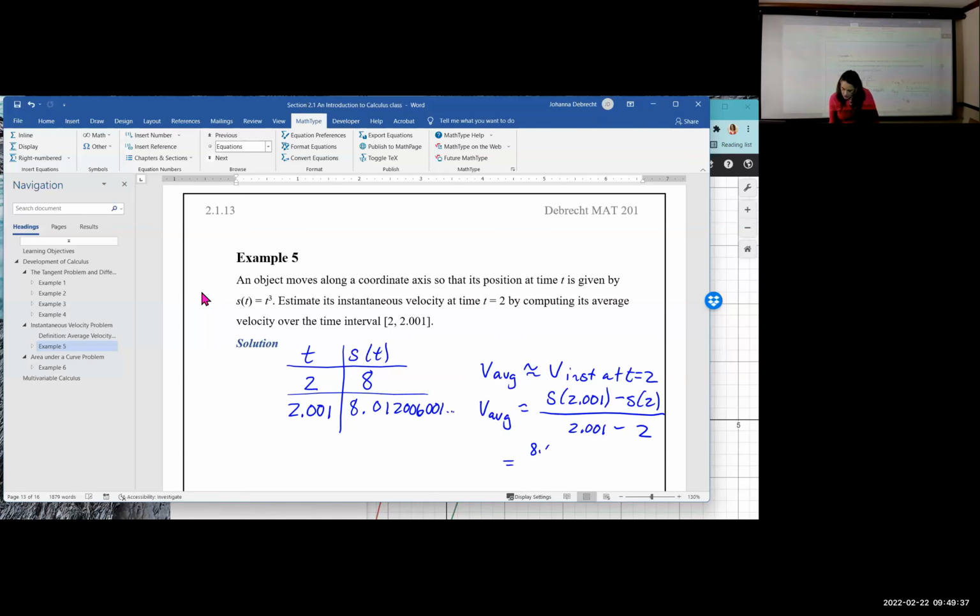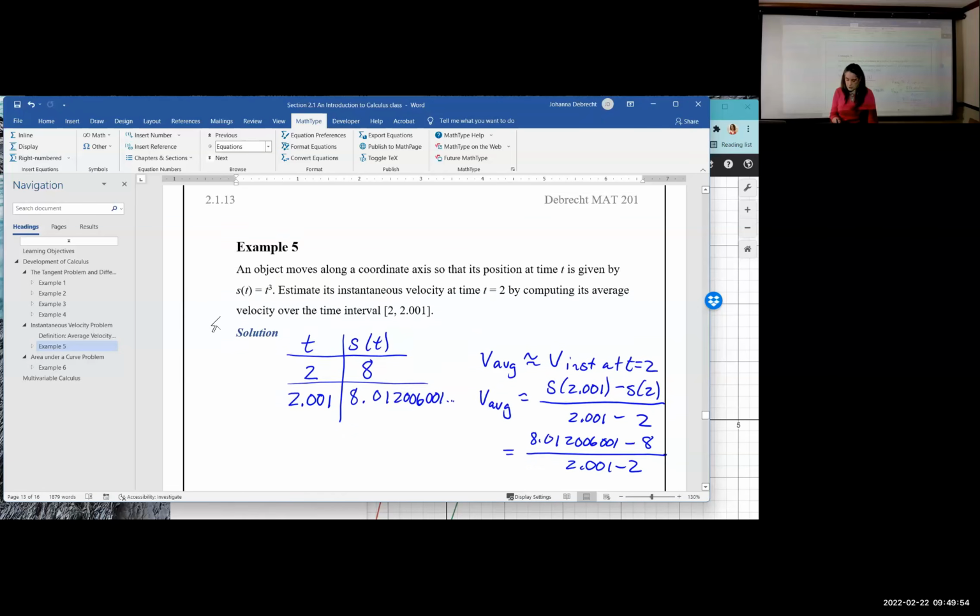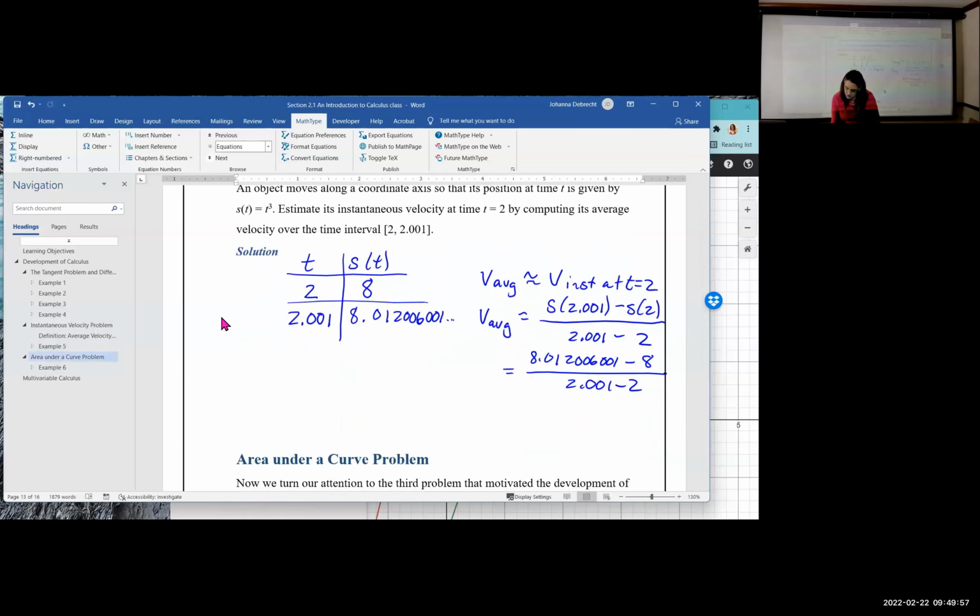So I've got 8.012006001 minus 8 over 2.001 minus 2. So basically, I'm going to subtract 8 from this. So I get 0.012006001. And I'm going to divide that by 0.001. And this is my average velocity over that very short interval, which should give me my instantaneous velocity.